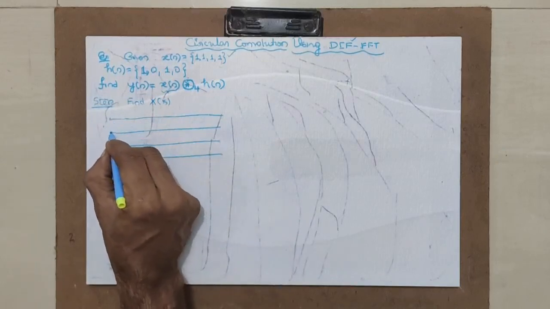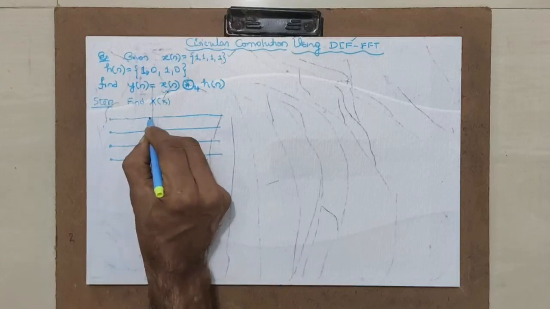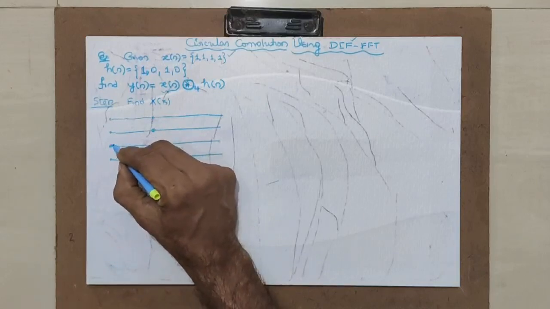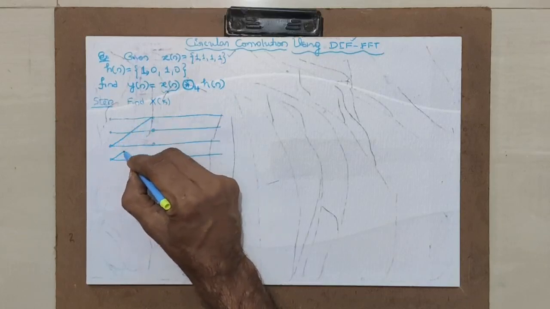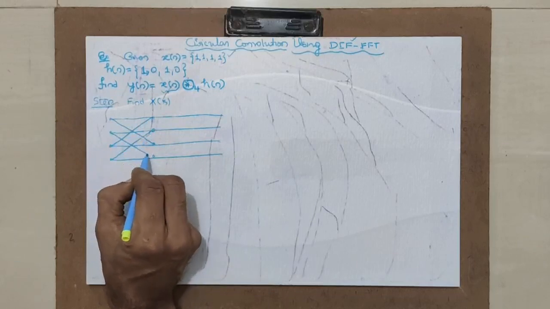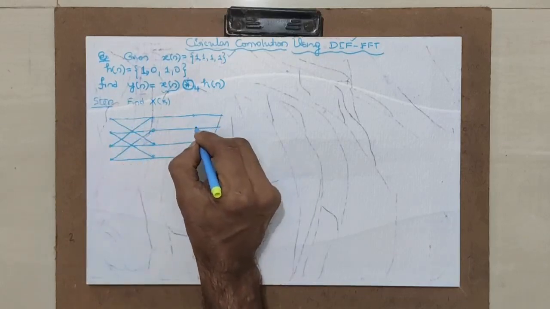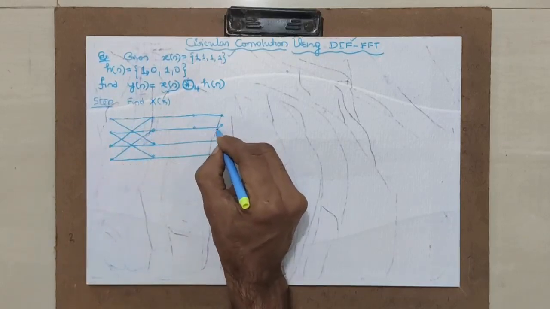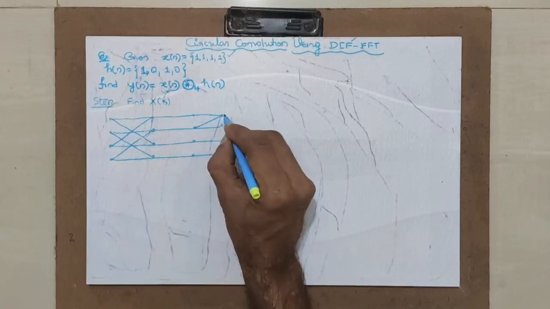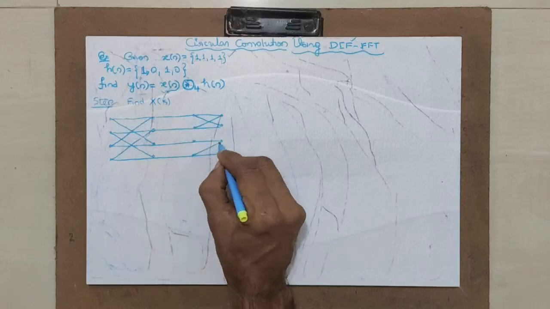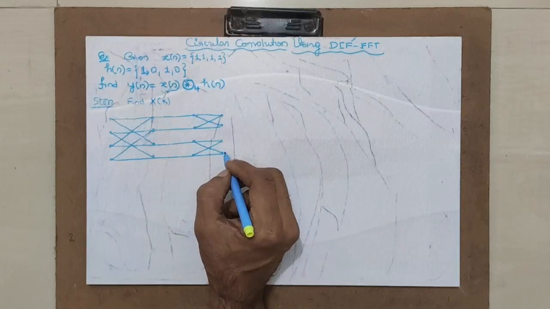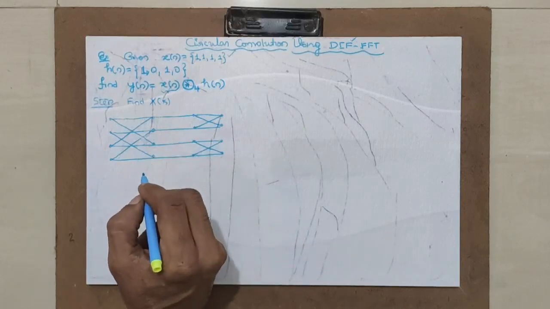And in DIF algorithms, you know that the longer butterfly comes in the starting and crisscross comes at the end. As well as you know that the input will be serial and the output will be decimated, correct?